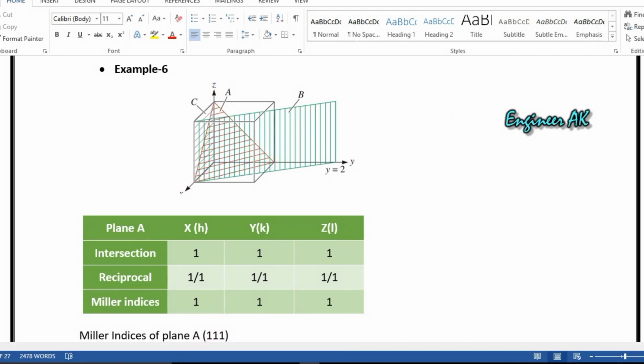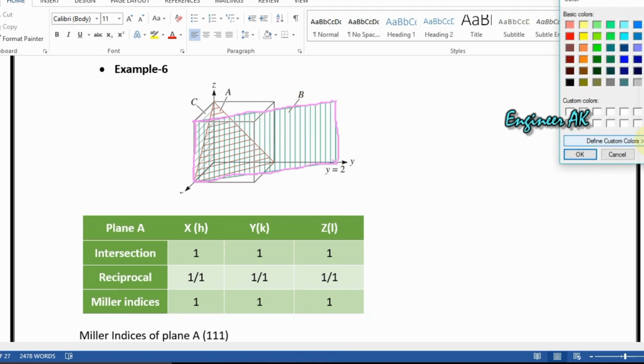Now let's take the plane B. So the plane B is this one here, and then this one here, and then this one. So this is the plane B. Now we have to find the Miller indices of this plane.